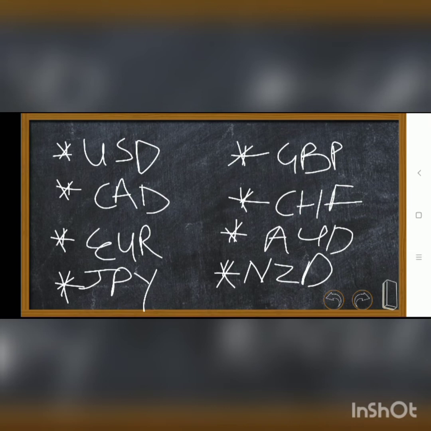So USD will sort of show the economy for the United States, CAD for Canada, Euro for the European Union, JPY for Japan, GBP for United Kingdom, CHF for the Swiss, AUD for Australia, and NZD for New Zealand. So I hope we're still together.